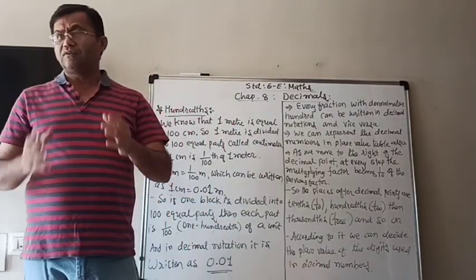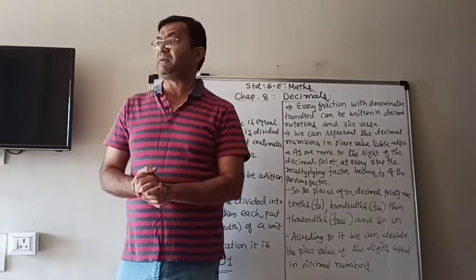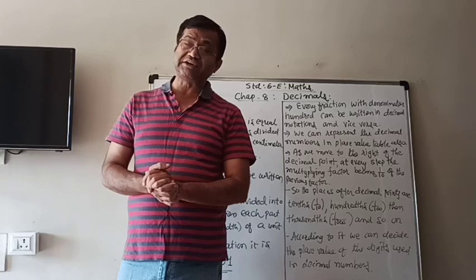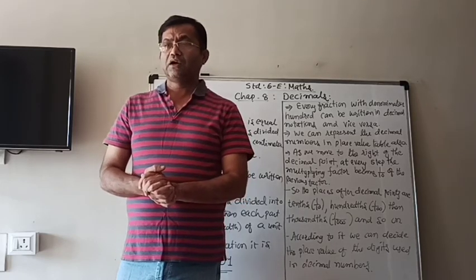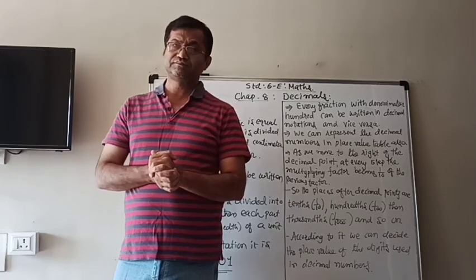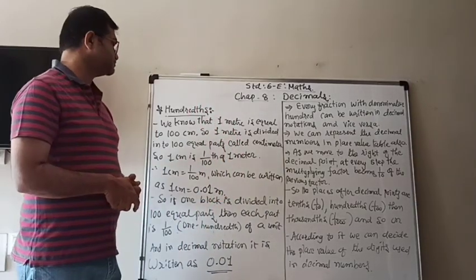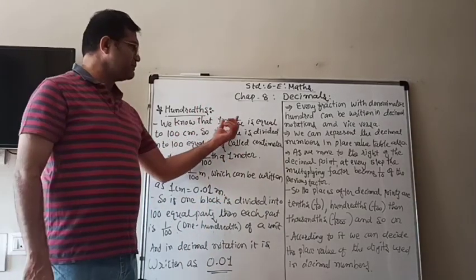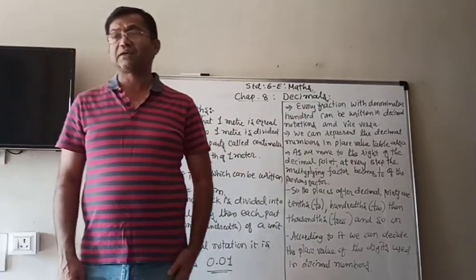Now we know the units of measurement, centimeter and meter. I hope you remember that 1 meter is equal to how many centimeters? 100 centimeters. So we know that 1 meter is equal to 100 centimeters.